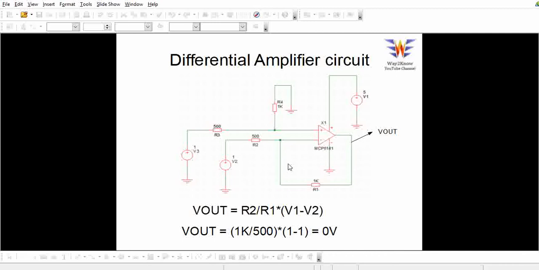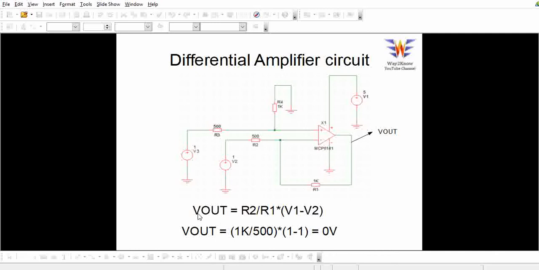If you consider them as R1, R2, R3 and R4, then R1 is equal to R3 and R2 is equal to R4, right? That is the scenario we have considered. You can consider different resistors based on the gain requirement, but for simplicity we have considered this scenario.